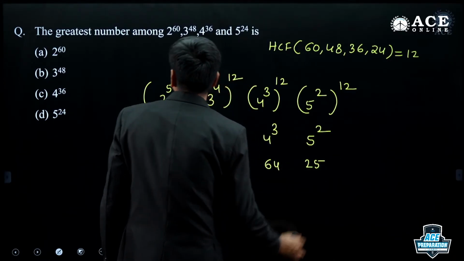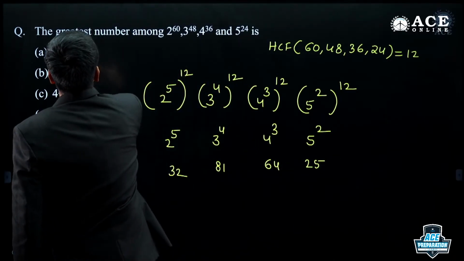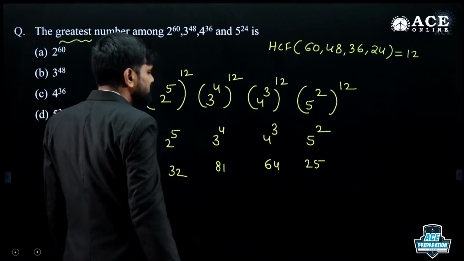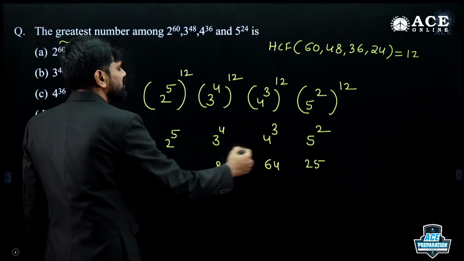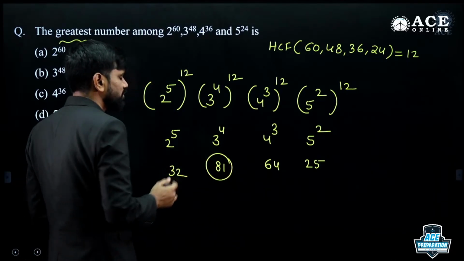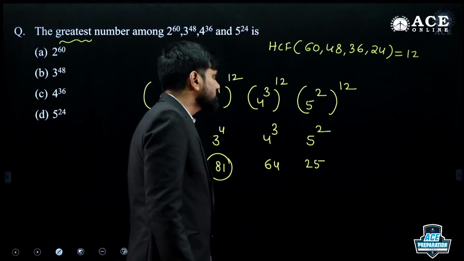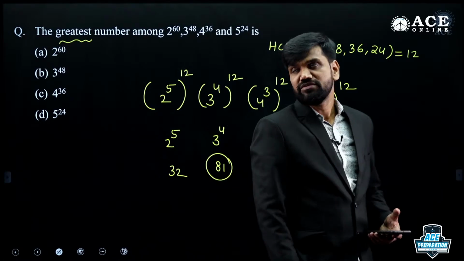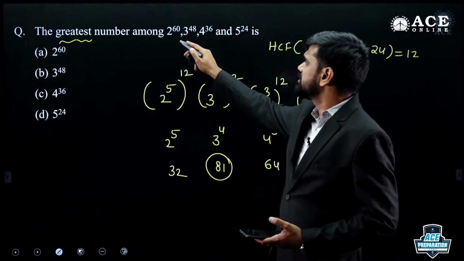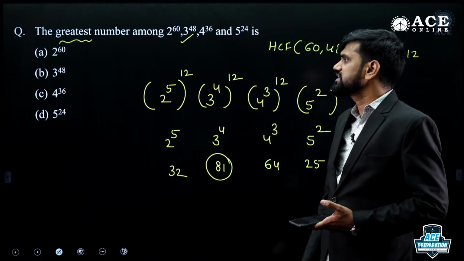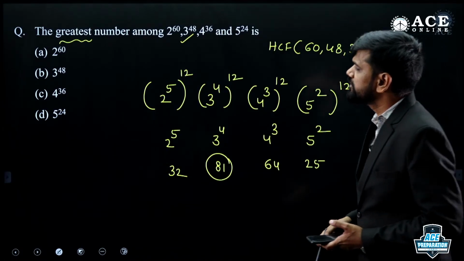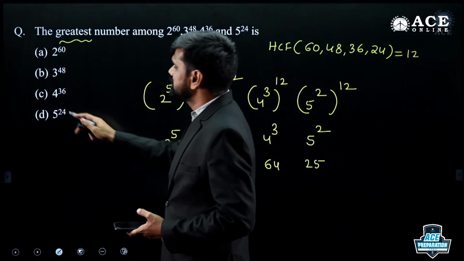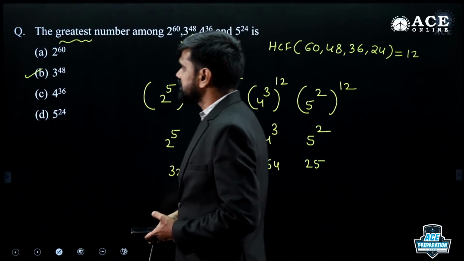They are asking you for the greatest among this. Among the terms that are available here, the greatest is 81. Hence your answer has to be the second one, which is 3 power 48. Hence I can say that 3 power 48 is going to be the highest among the terms that are given over there.